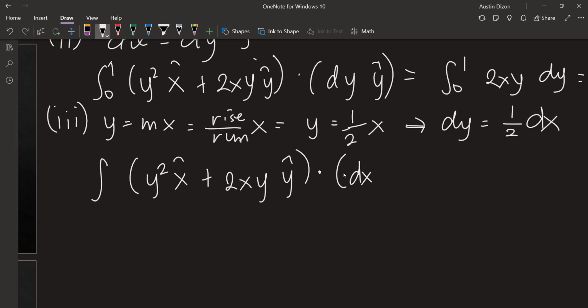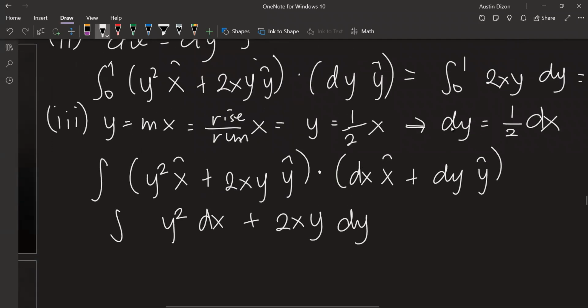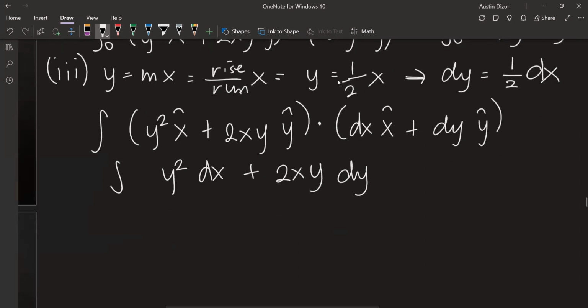Tama pa rin naman ginawa natin. Nagka-extra step lang naman dito. Plus dy y hat. Okay, and that gives us y squared dx plus 2xy dy. And then we have this equality na dy is just 1/2 ng dx. Okay? And we have these equalities also.